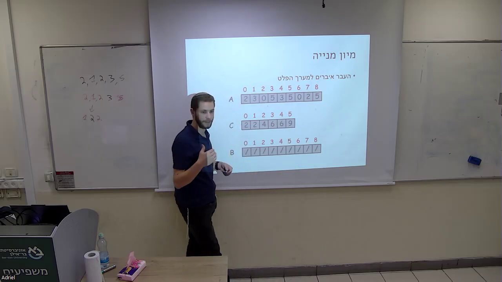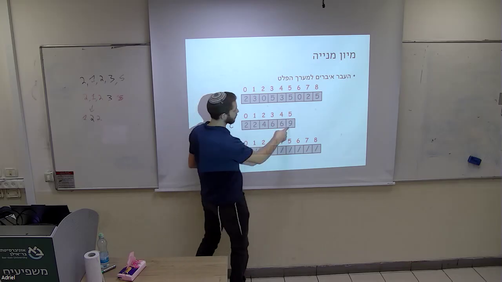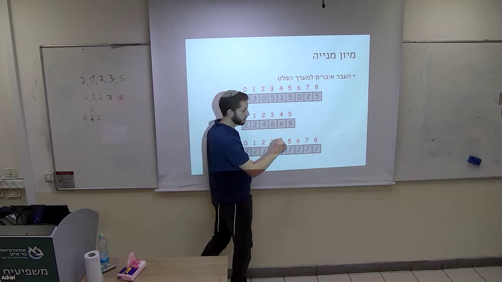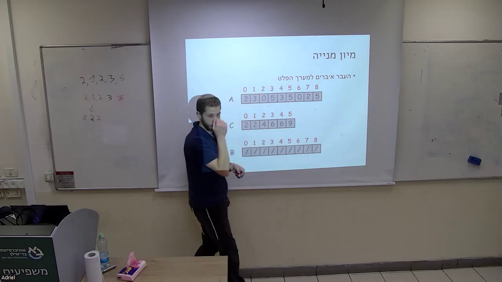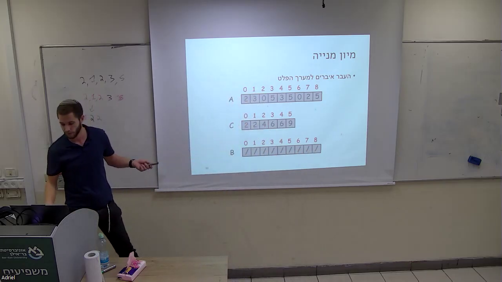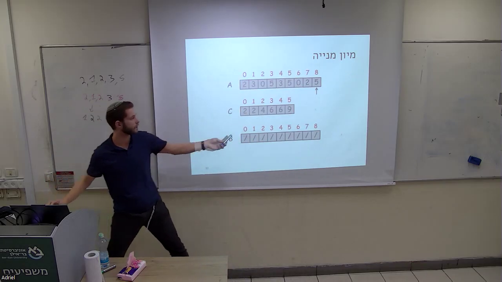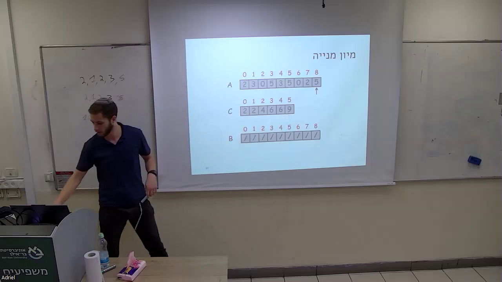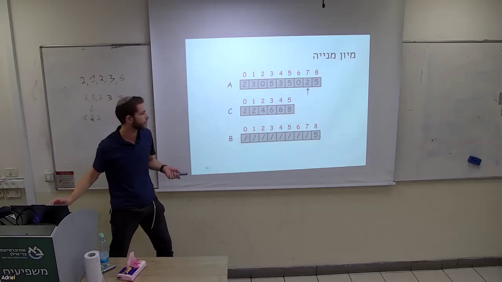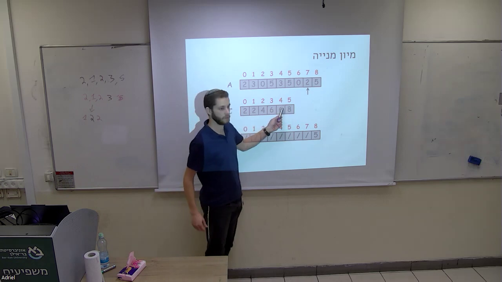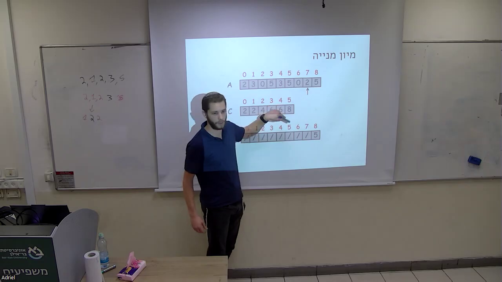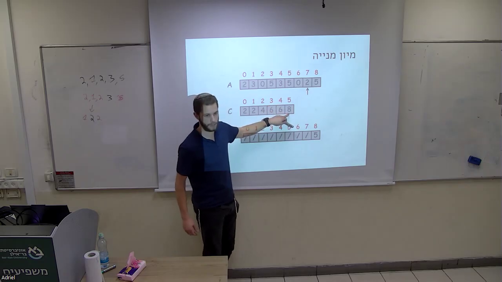Here they did it by 9, but in the lecture you saw it was 8. Here we're going to do this number minus 1, which is the index of it in the new output array. So 5 is now going to go to the 8th place. We do it minus 1, and then we subtract 1 from this original cell, right? So we subtract, and then we put it in that place.